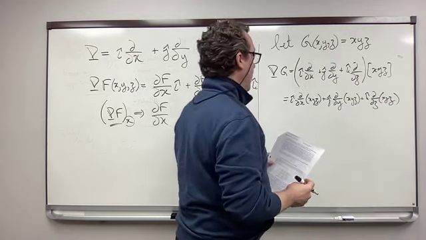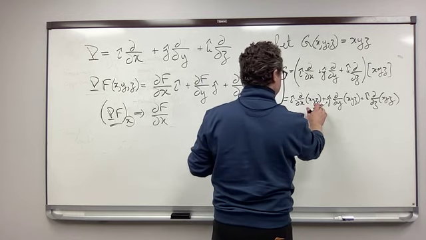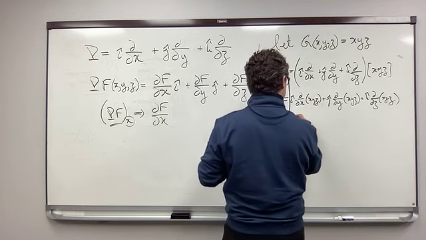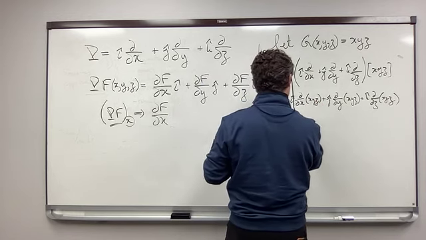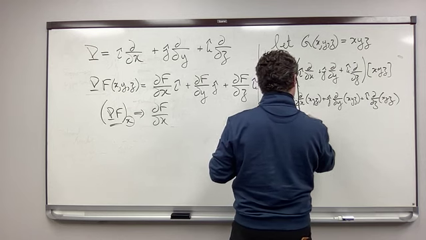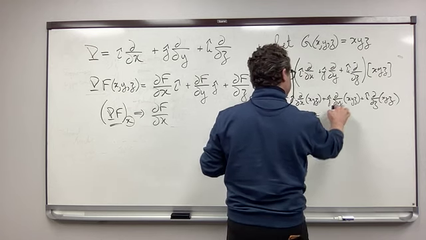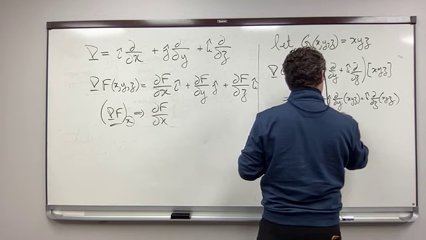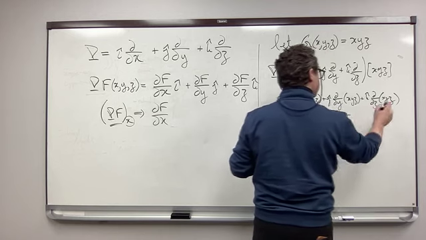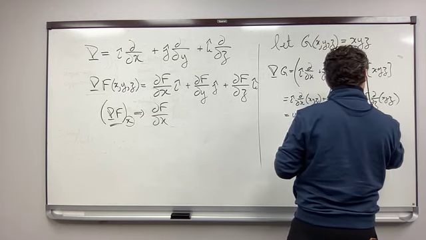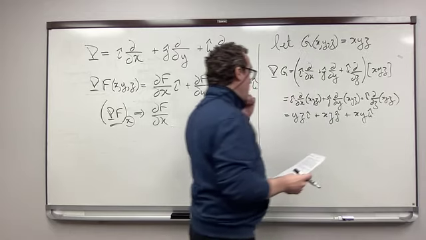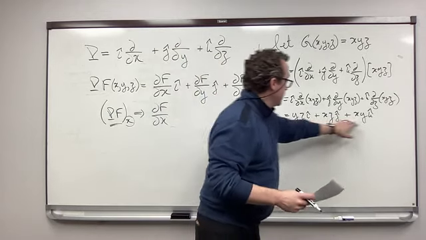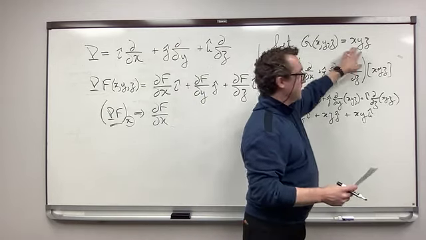Okay? And then we say, okay, in these partial derivatives, when differentiating with respect to x, y and z are constants, and so on. This just becomes yz i plus xz j plus xy k. And that would be the gradient of g defined in this way.